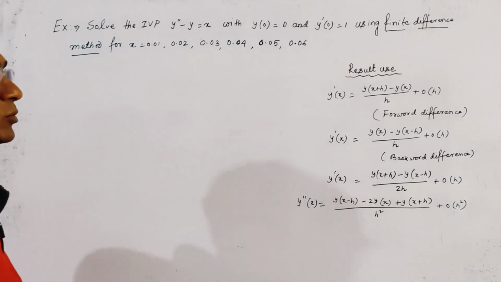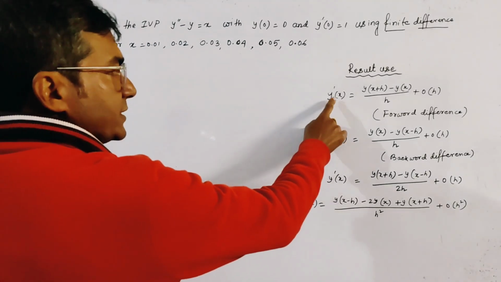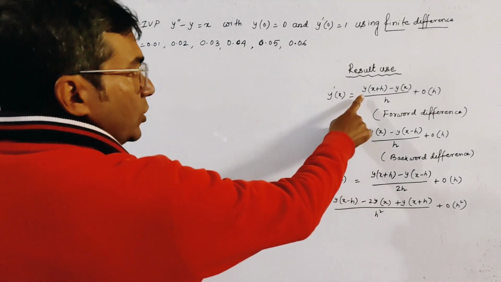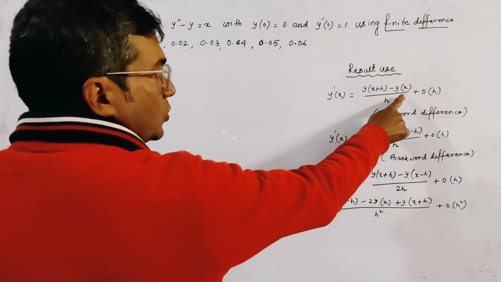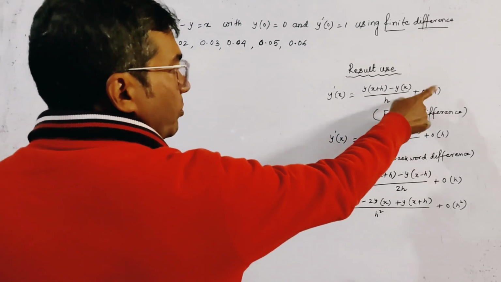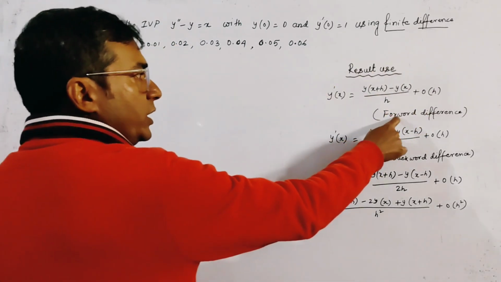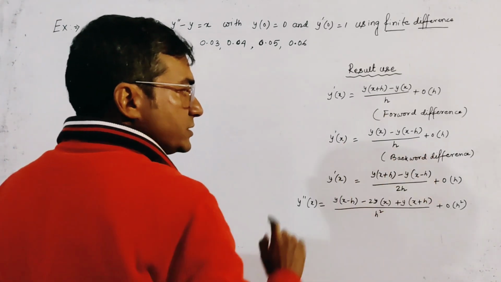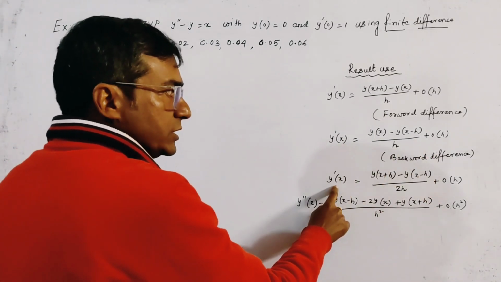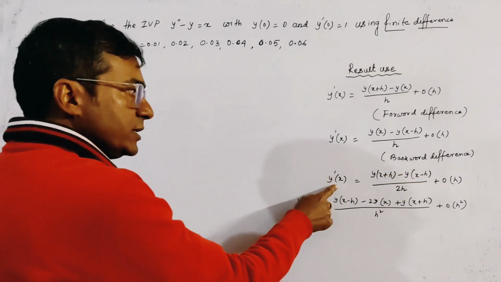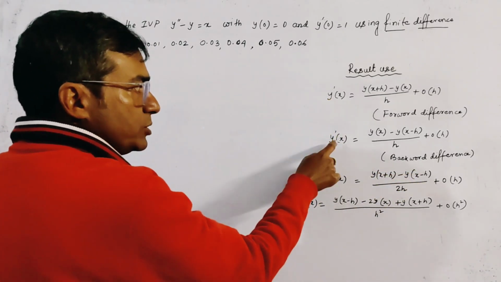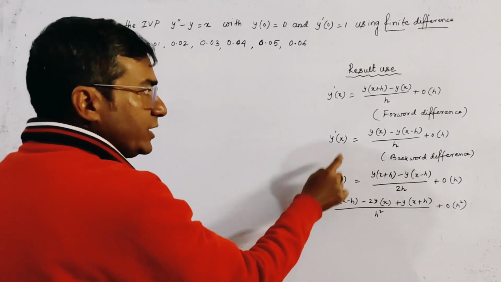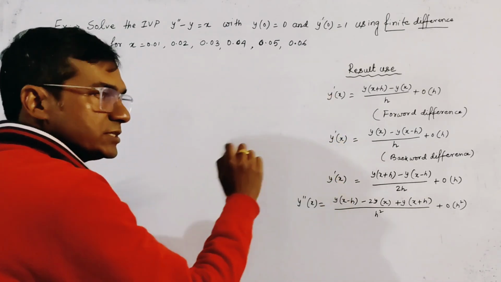Here we get y dash x given by y of x plus h minus y of x by h plus order of h. This is the forward difference, and this is the backward difference, and this is the central difference, which is given by the average of 1 and 2.